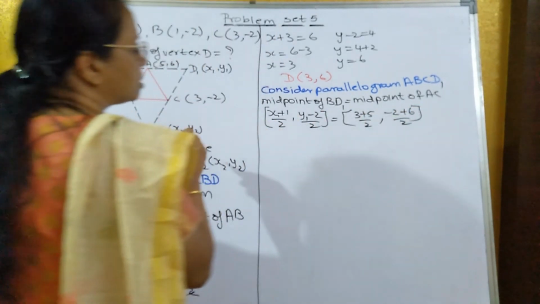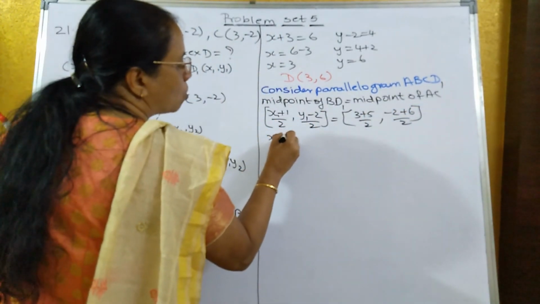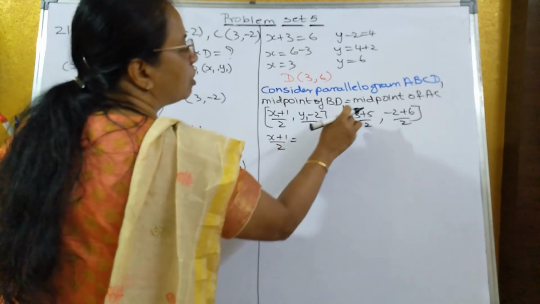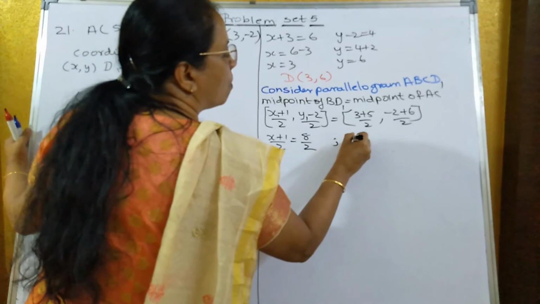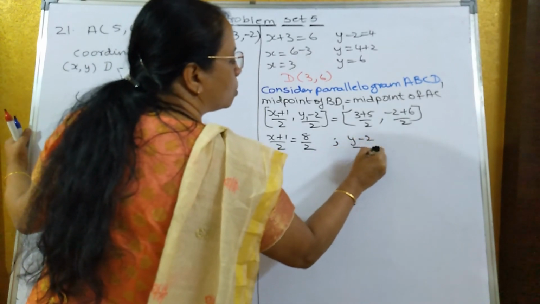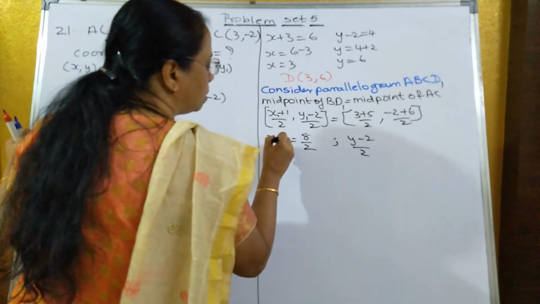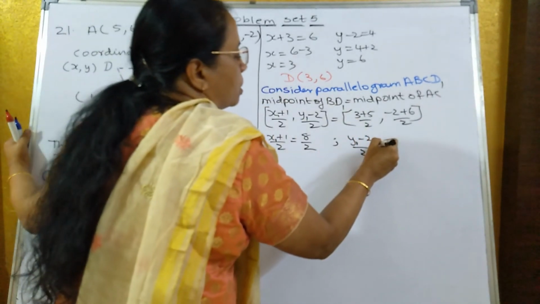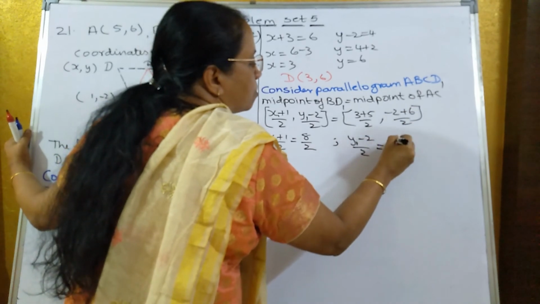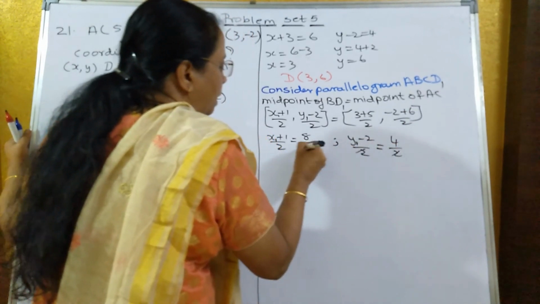Now we will write down separately. x1 plus 1 upon 2 should be equal to 3 plus 5, which is 8 upon 2, and y1 minus 2 upon 2 is equal to minus 2 plus 6, which is 4 upon 2. Now 2 and 2 will get cancelled.